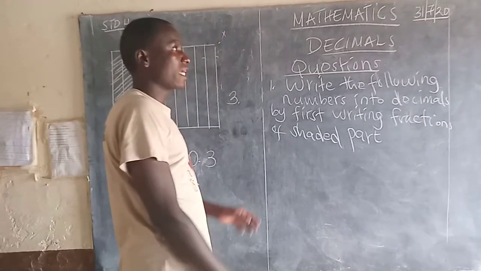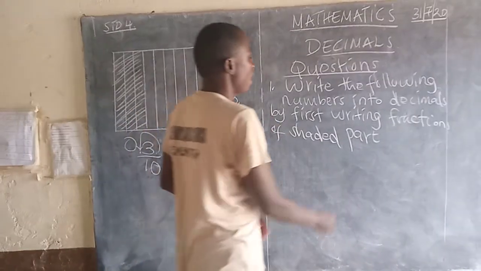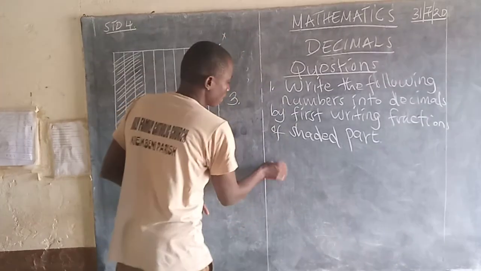First of all, you write the fraction of the shaded part, the way I have done it, and then thereafter you write your answer in decimal. Number 1.